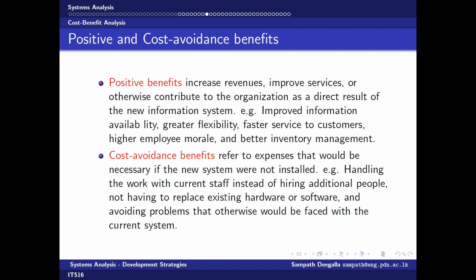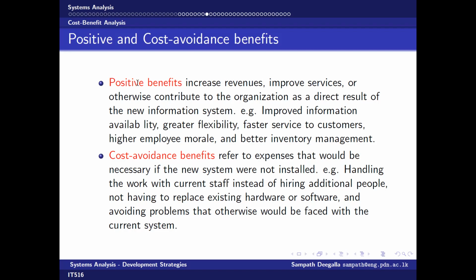Positive benefit means it can increase revenues, improve services, or contribute to the organization, right? For example, improved information availability. Once you develop and deploy a system, it will improve information availability, right? Greater flexibility, faster service to customers, higher employee morale, and better inventory management.